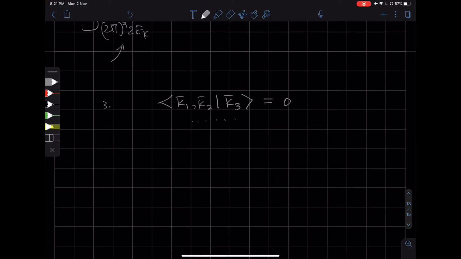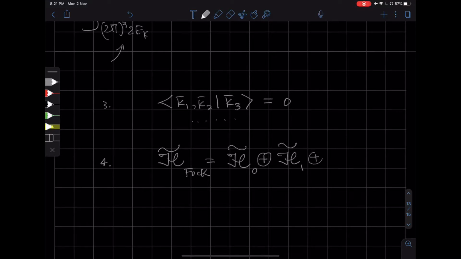So the Fock space is a direct sum of the vacuum, which I write as H0, the Hilbert space of one particle, plus the Hilbert space of two particles, and so on and so forth.